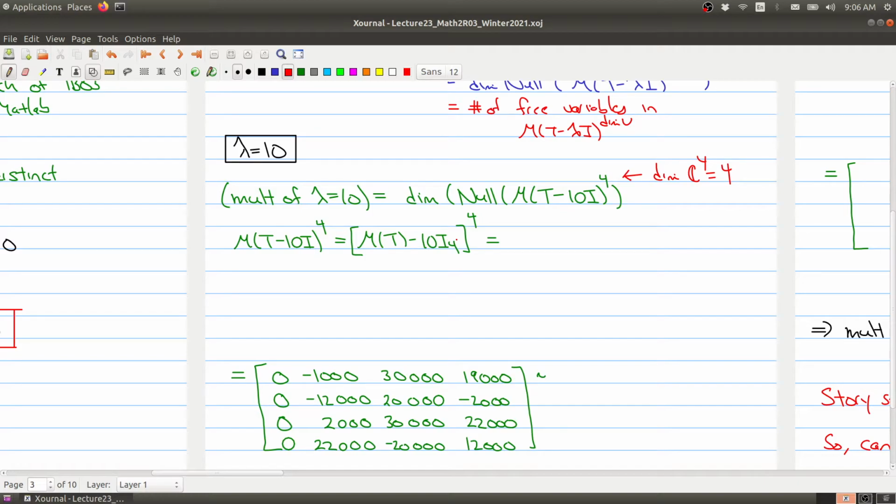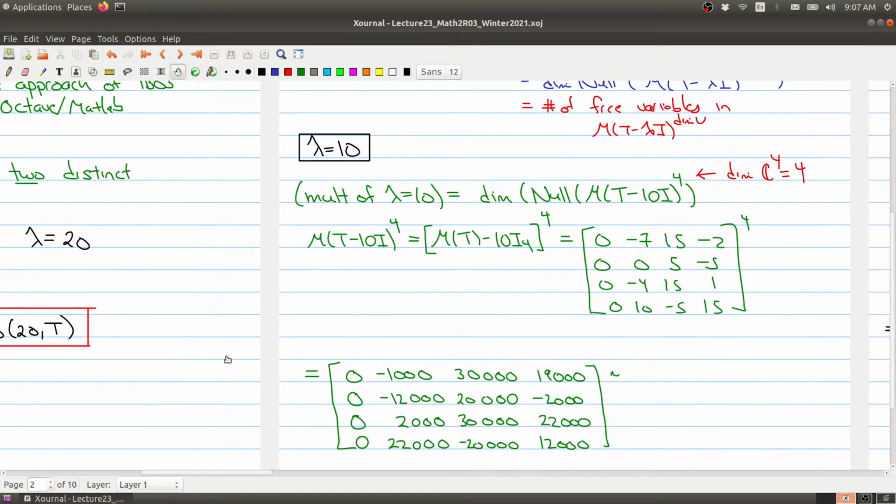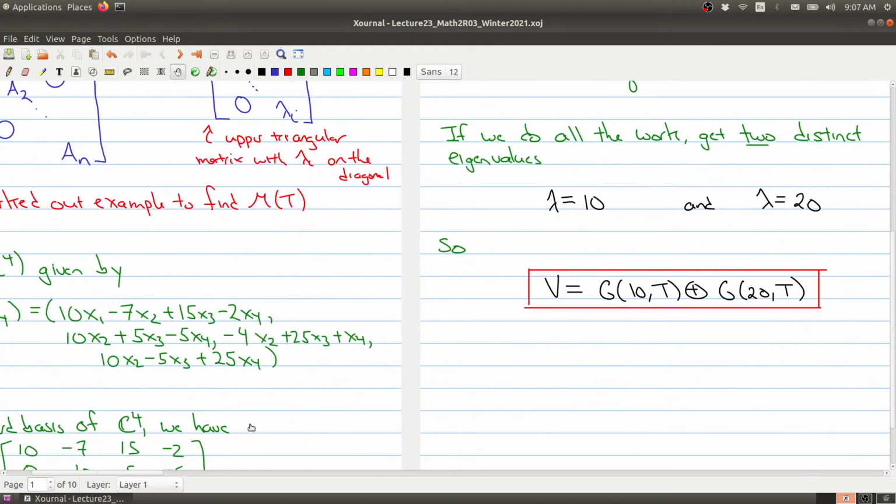Just to remind us what this is, inside you would get 0, 7, negative 7, 15, negative 2, 0, 0, 0, 5, negative 5, 0, negative 4, 15, 1, 0, 10, negative 5, and 15, raised to the 4th power. Let me slide over so you can see where this matrix comes from.